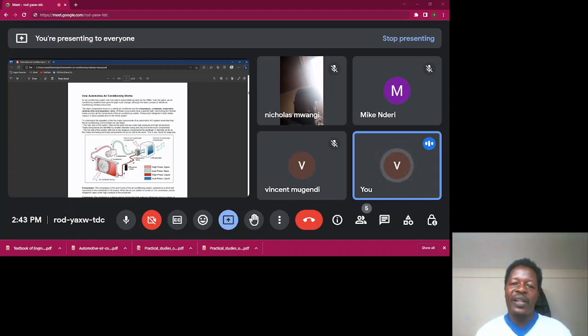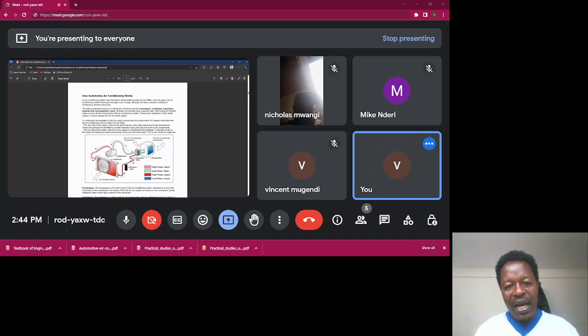So here we don't have electricity to drive the compressor, as it works with the domestic air conditioners that we have at home, at our offices, and even in more advanced technology like airplanes, big hotels, and ships. But for the car, it is a micro air conditioner that is engine driven.